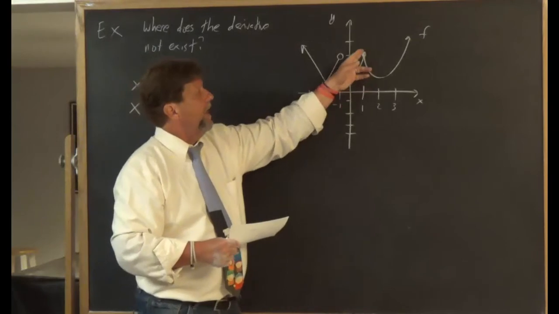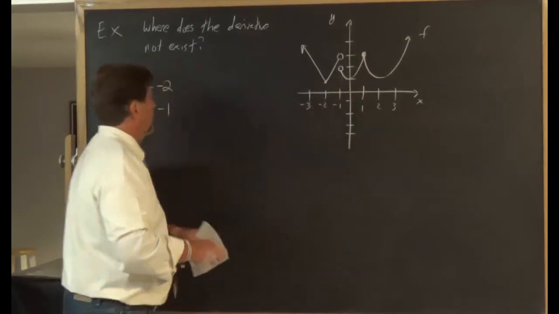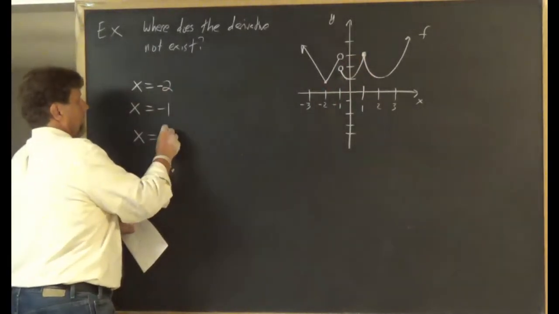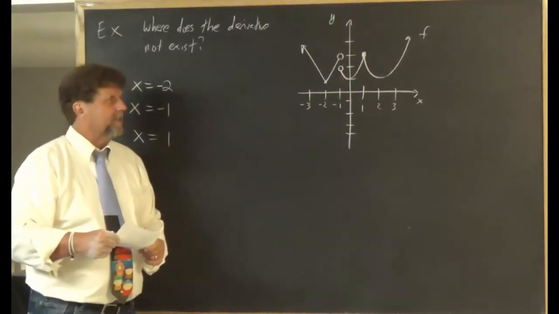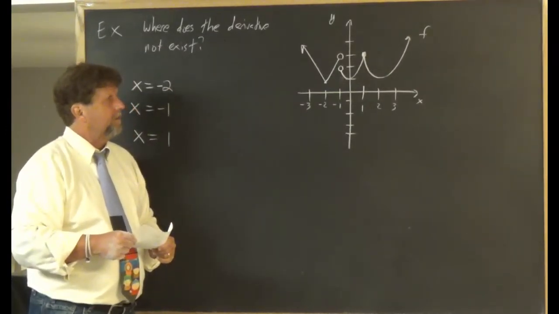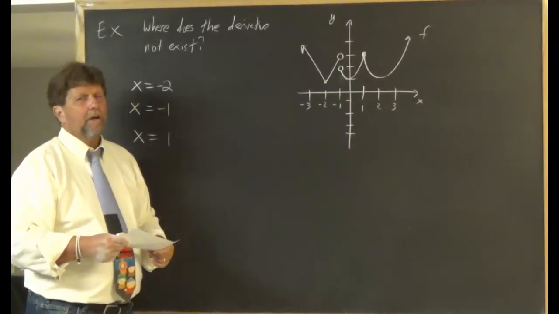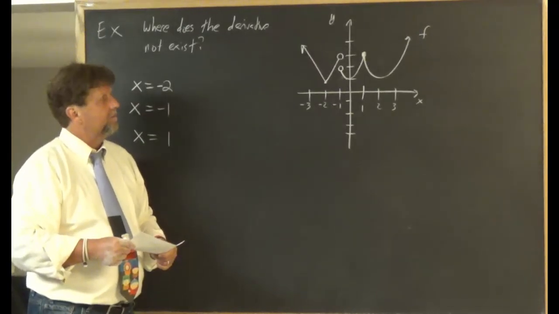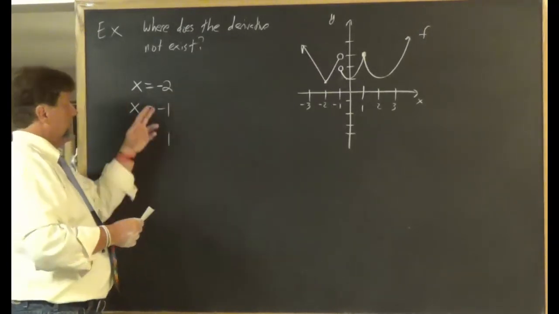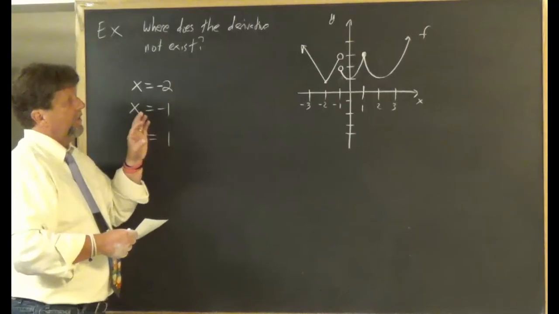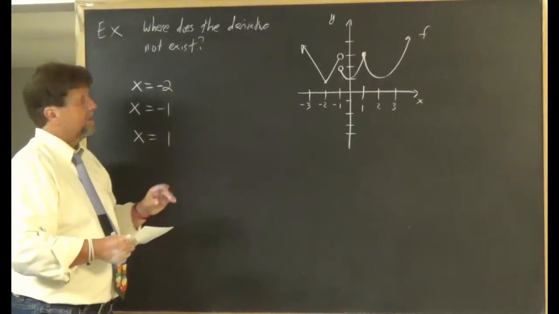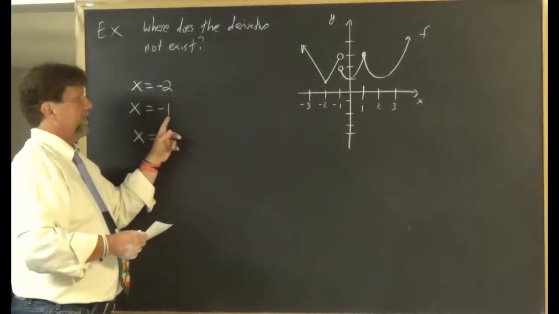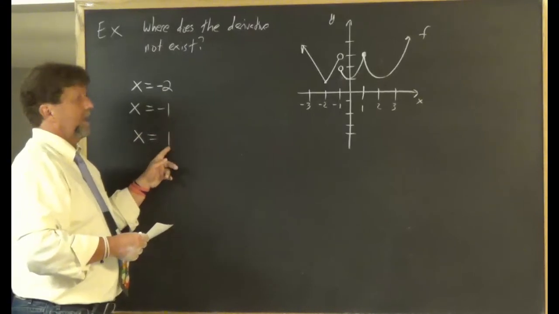I would call that another sharp turn. So the derivative does not exist at x equals 1. Everywhere else looks fine. So at these 3 values of x, the derivative does not exist: sharp turn, not continuous, another sharp turn.